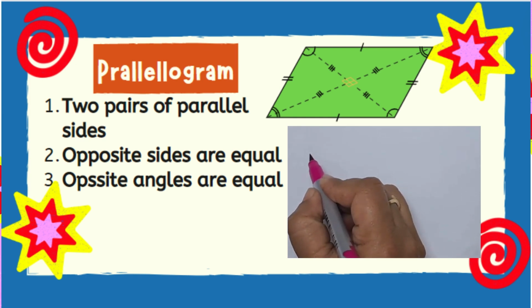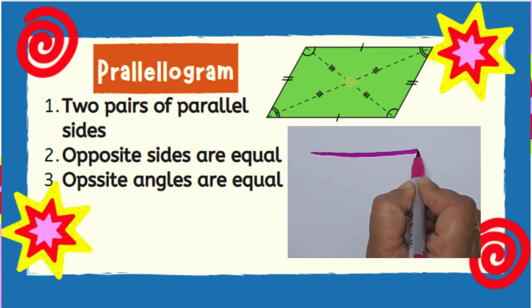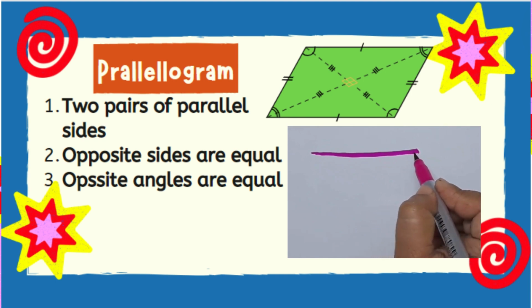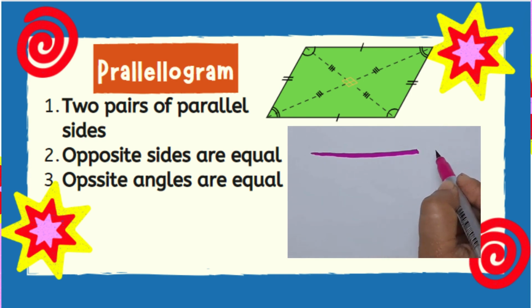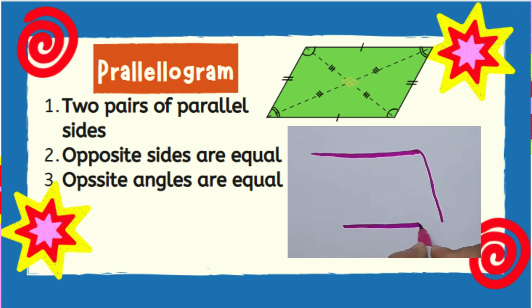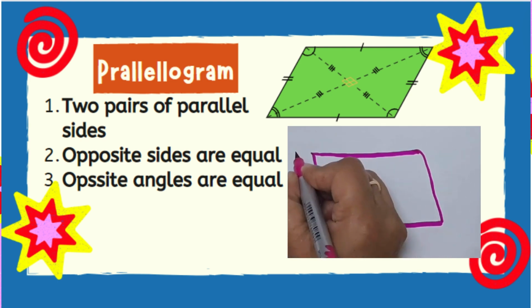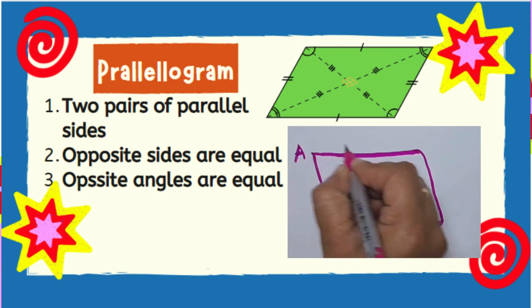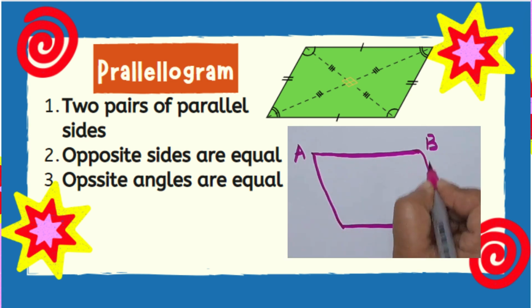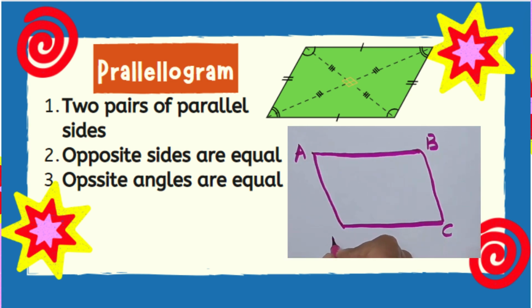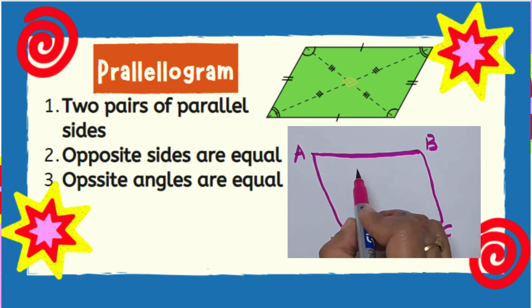Parallelogram. A quadrilateral in which the pairs of opposite sides are parallel is called a parallelogram. This is a parallelogram, A, B, C and D. Opposite sides are equal and parallel.